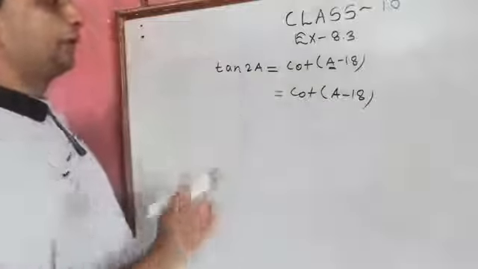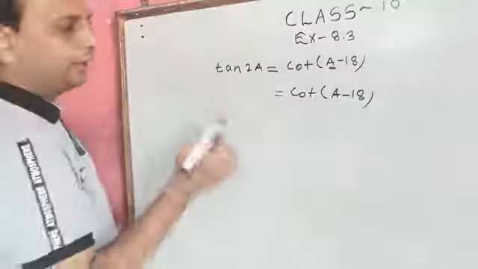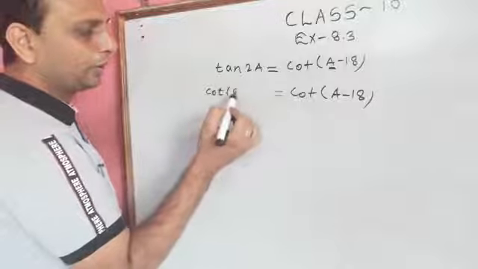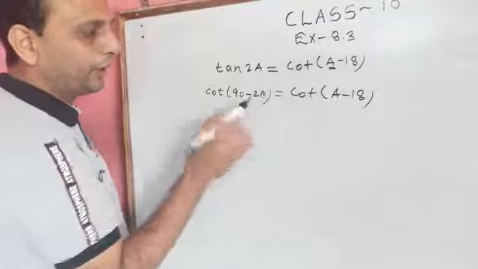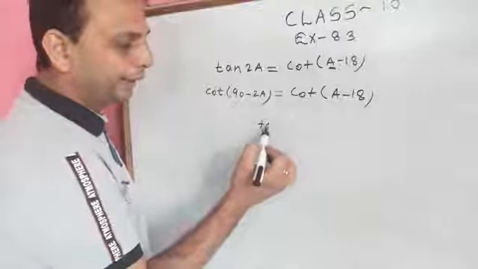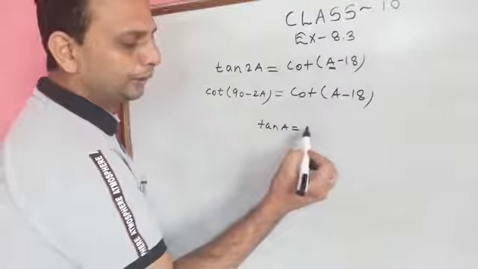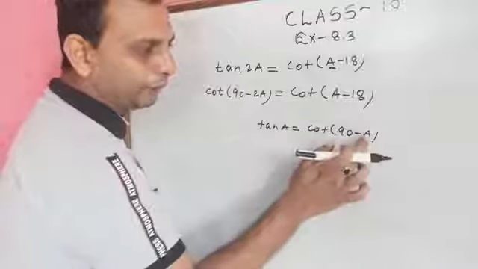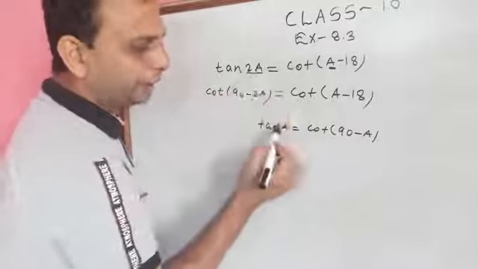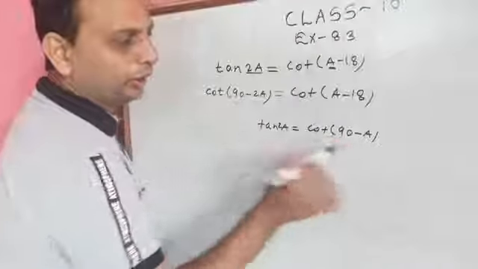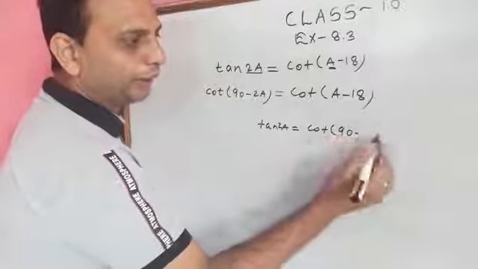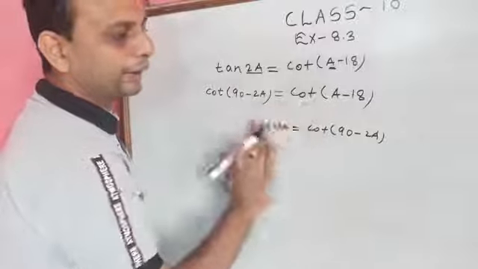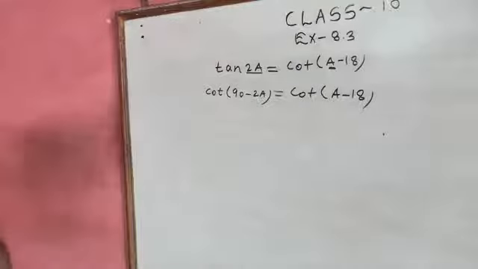Here we can change tan 2A. We can use one formula: tan A is equal to cot (90 minus A). What is the angle we are subtracting here? A. Here in the place of A they had taken 2A. So tan 2A is equal to cot (90 minus 2A). Now both sides are the same, cot and cot will cancel out.